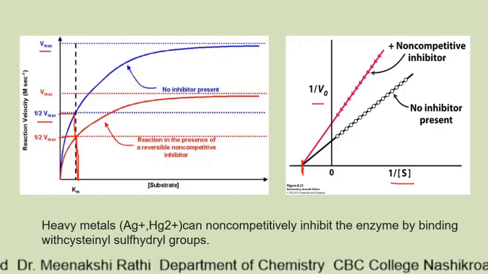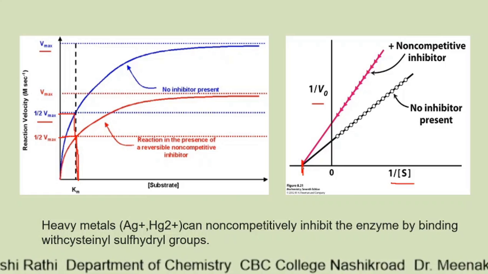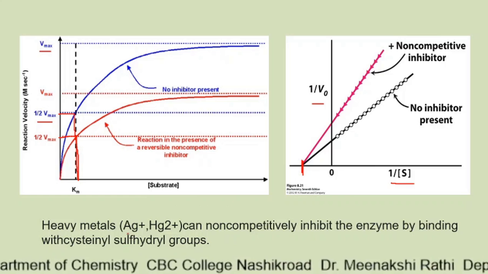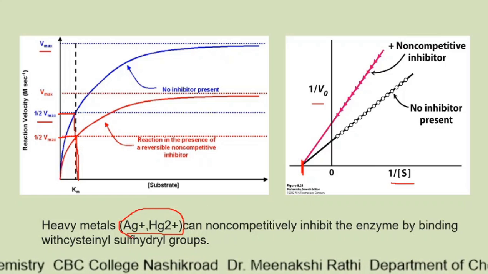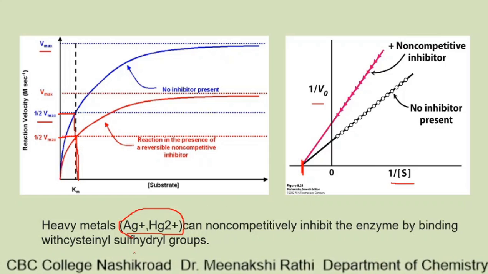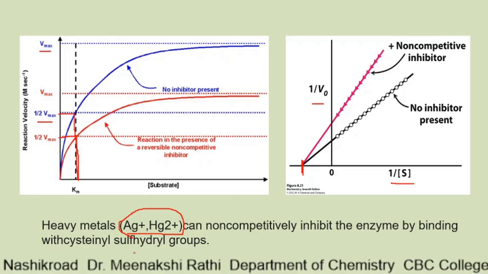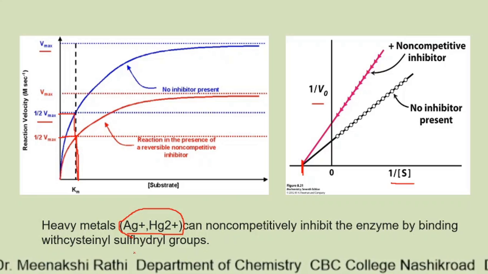Cysteine is a sulfur containing amino acid, and if these heavy metals combine with the sulfhydryl group of cysteine, then they can inhibit the activity of the enzyme, but it is non-competitive inhibition.